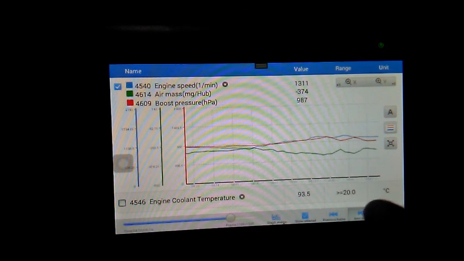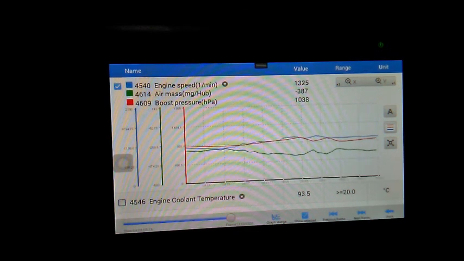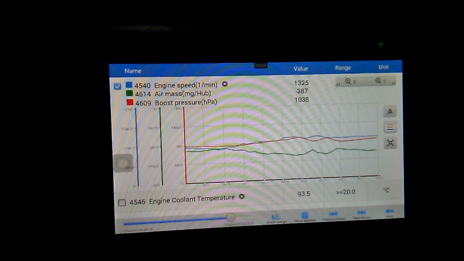Basically all this didn't make sense, and in the end, when I traced the fault, I realized the mass airflow signal was shorted to the fuel rail.